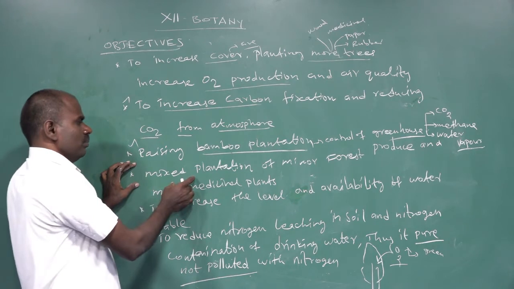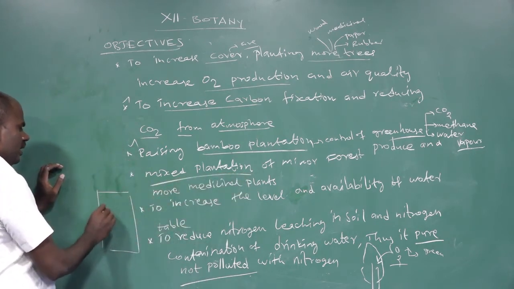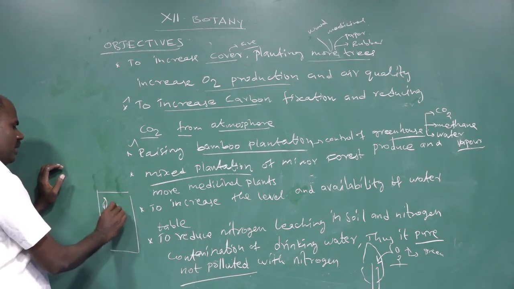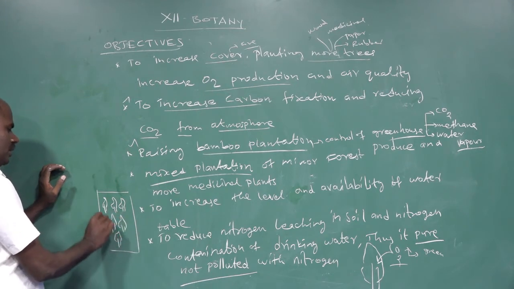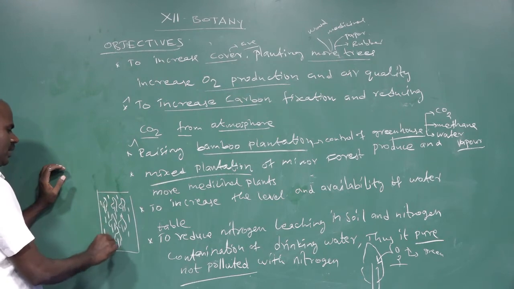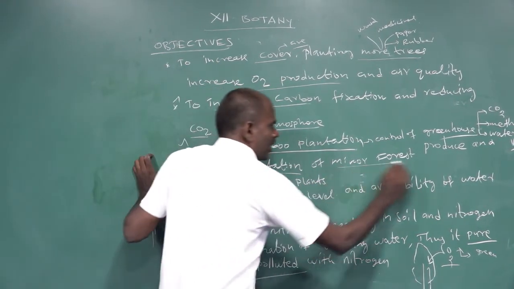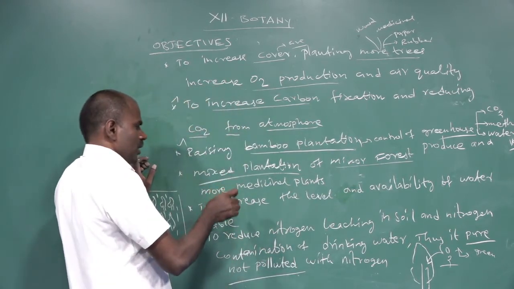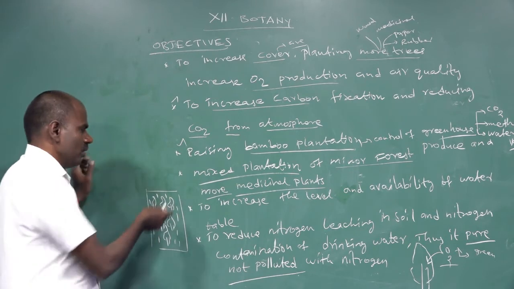Then the fourth is mixed plantations. We cultivate crop plants in the area, with intercropping of woody plants, timber plants, and other plants, along with minor forest produce and more medicinal plants useful in the forest land.